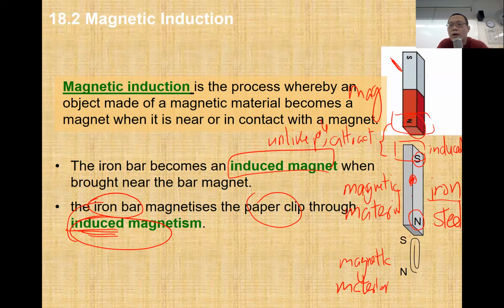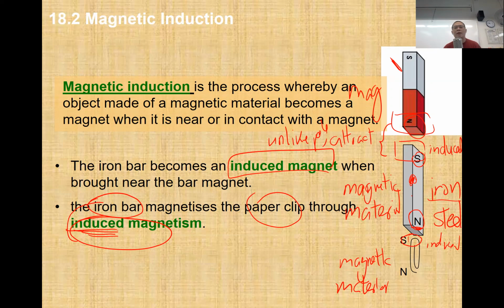So with a north pole here, I will induce a south pole onto the paper clip. And because north and south are unlike poles, they will attract each other. That's why I know that magnetic material will always be attracted to the magnet itself, because the pole that you induce is always the opposite pole, and unlike poles attract.